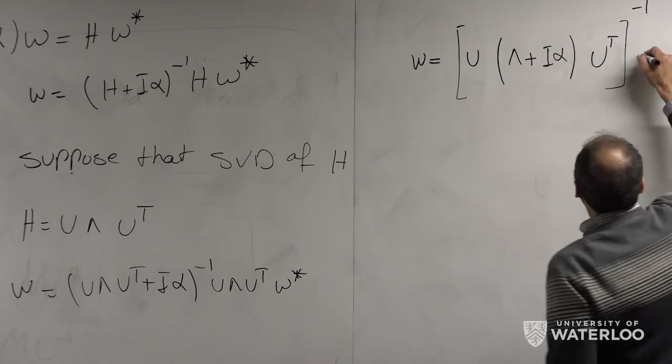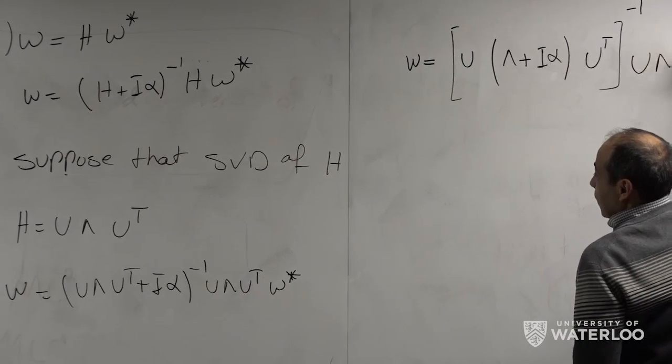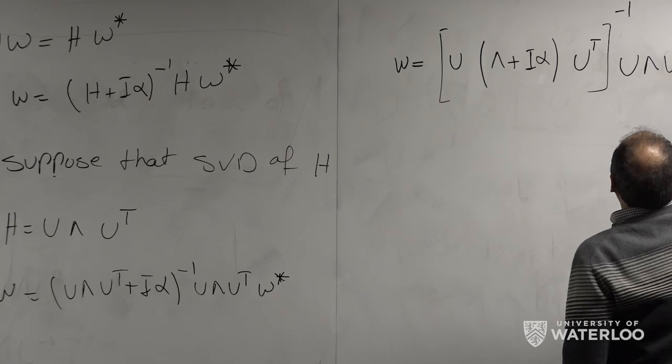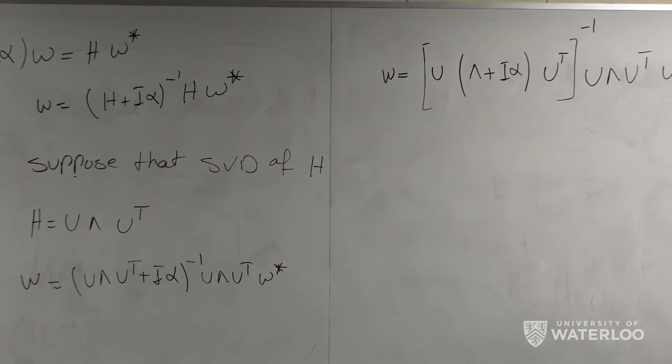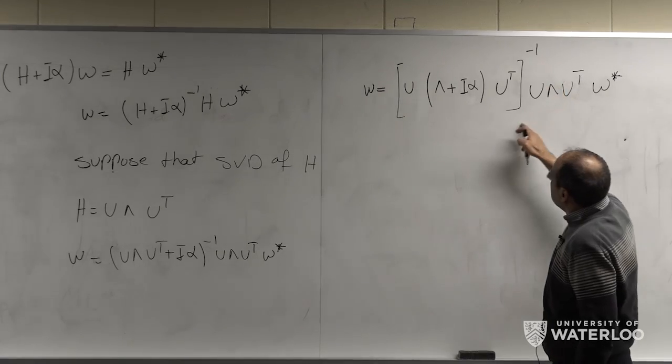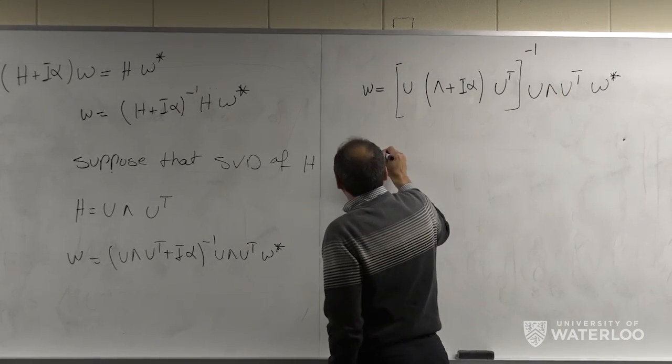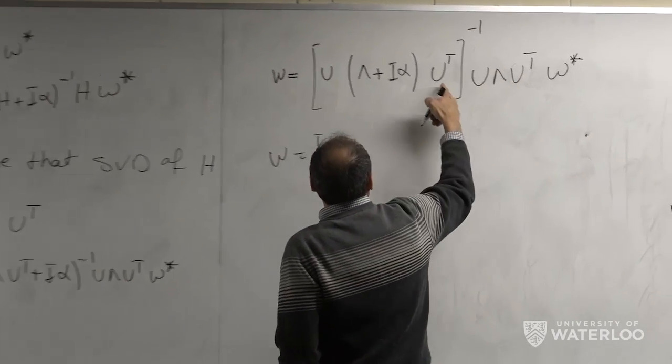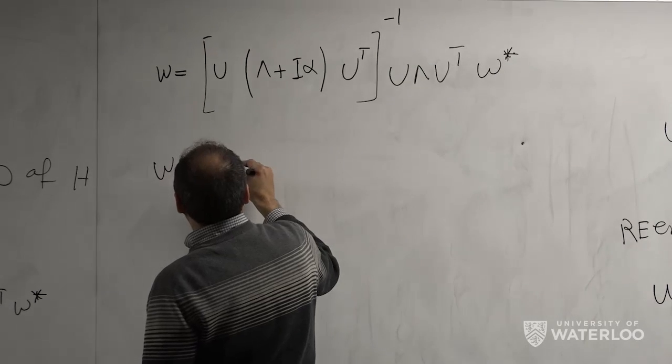And then U lambda U transpose w star. So if I apply this inverse to this bracket, w would be U transpose inverse.